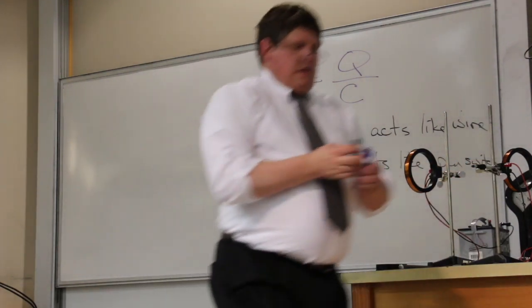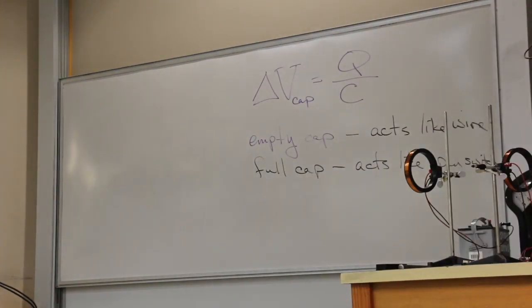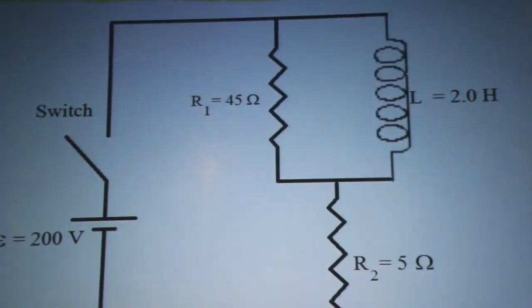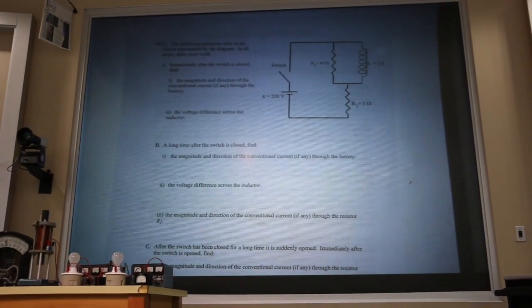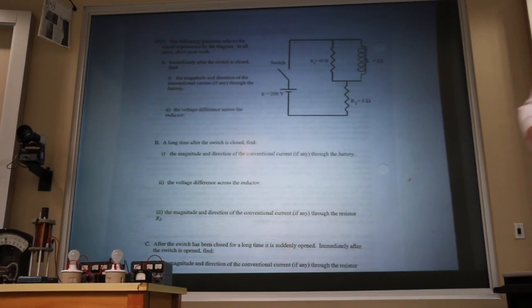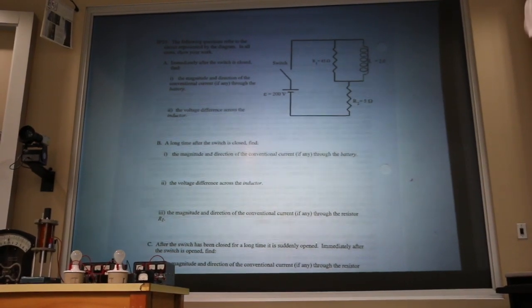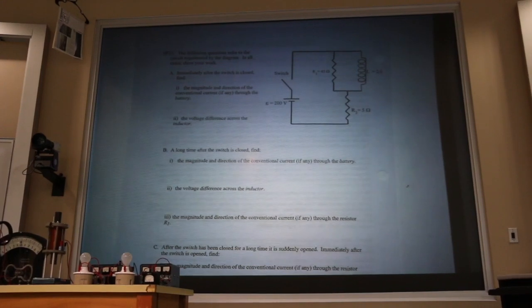Okay. Well, we're going to find that this inductor acts just the opposite. Watch and be amazed. Now you remember with a circuit that had a capacitor, there were 3 times that I could answer questions.